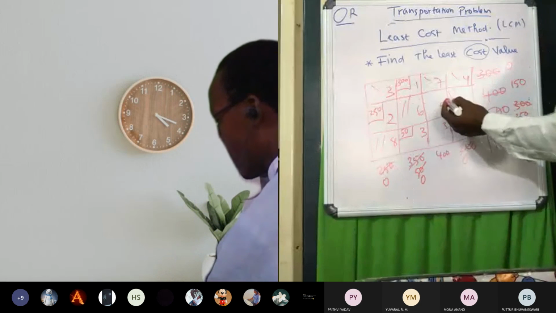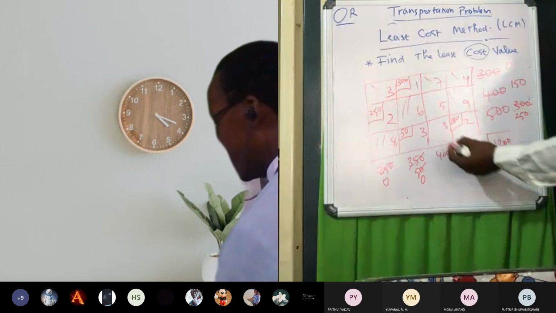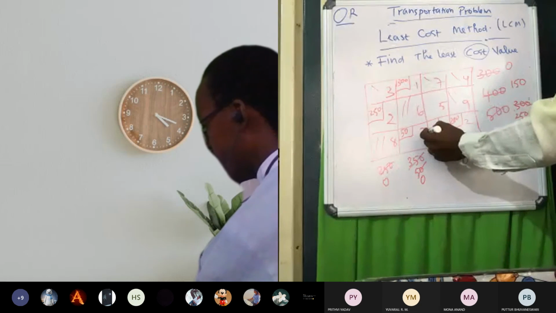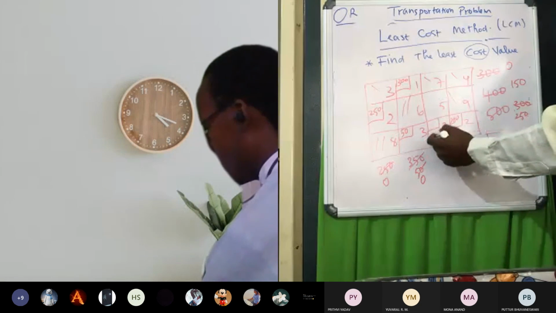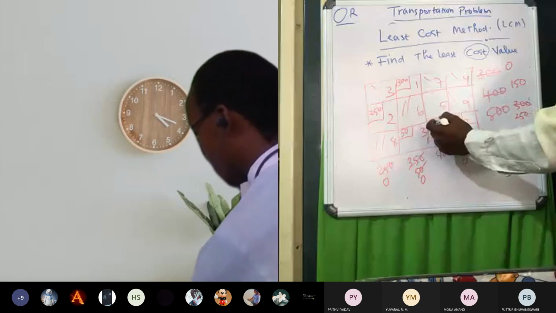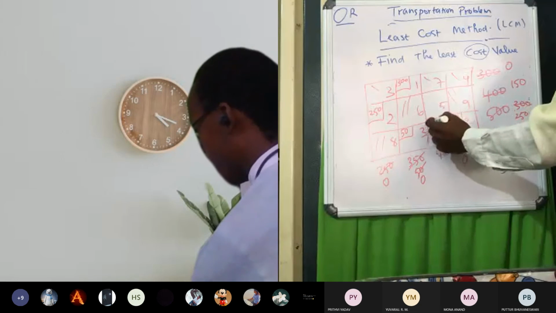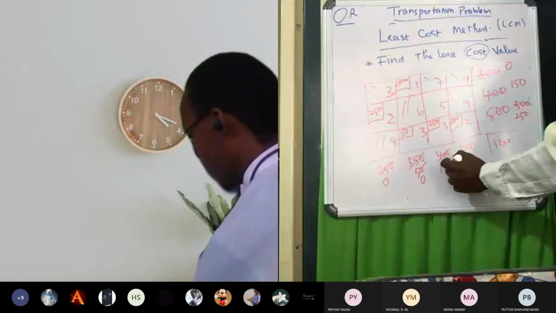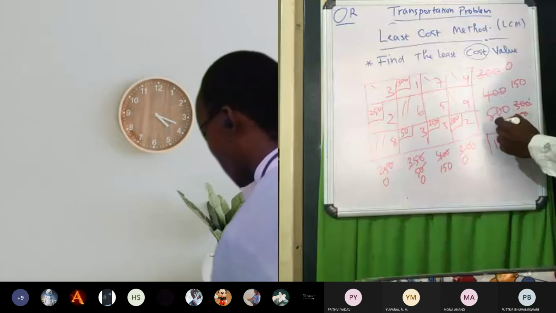Now I have a 3 and 5. Which is the least? The least is 3. When the least is 3, which one to allocate? It is going to be 250, and it's going to be 150, and it's going to be 0.